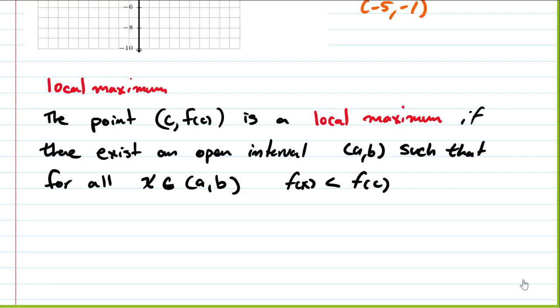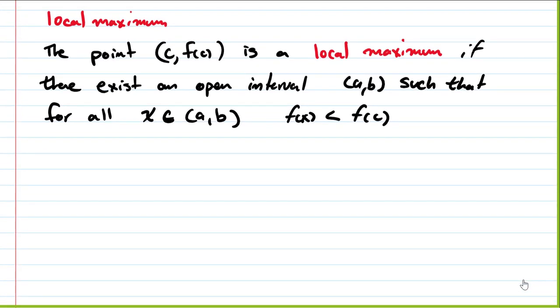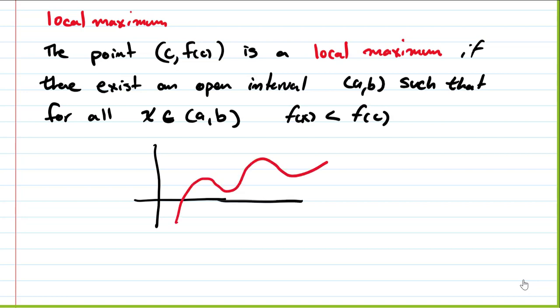So let's talk about what that definition means in terms of a picture. So imagine you have a graph of something that looks like this, and we're looking at the point right here, c.